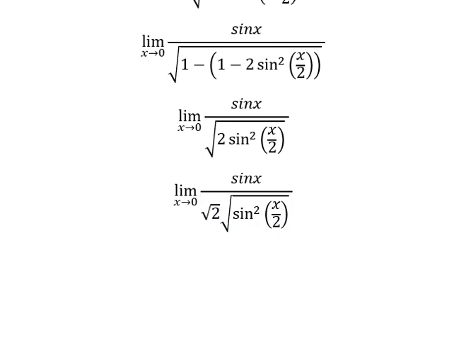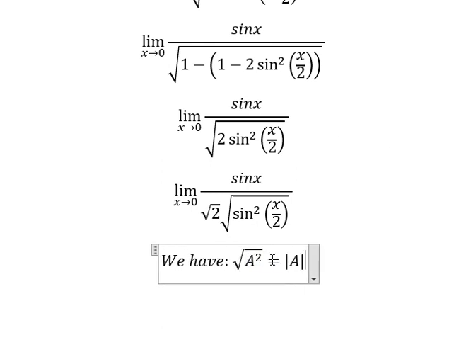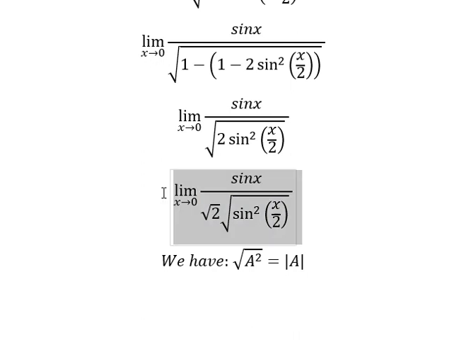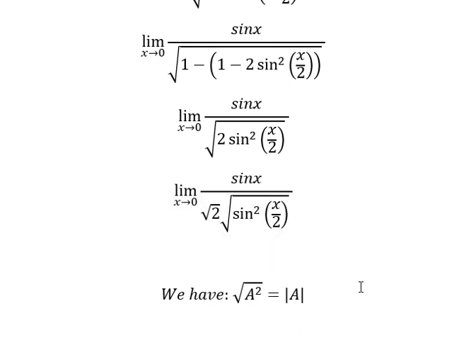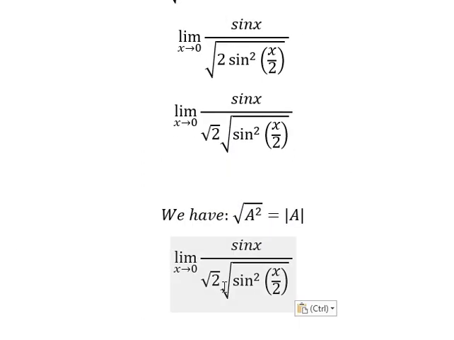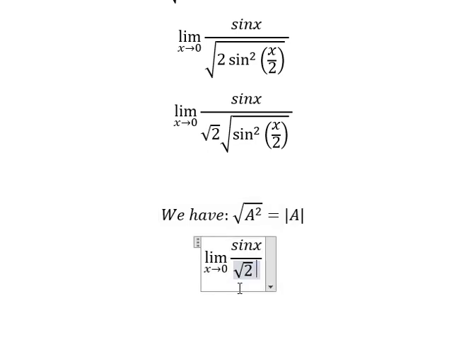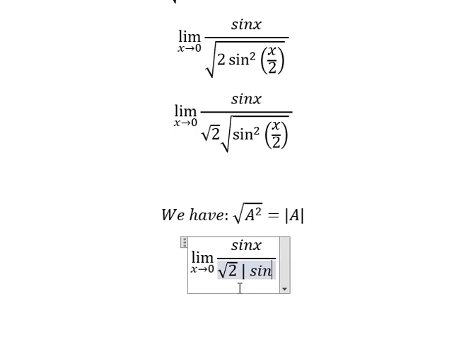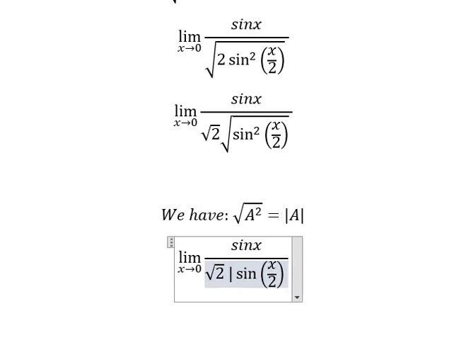Next, we have the formula in here. So this one, that is about this one. We need to transform this one into the absolute value of sine of s over 2.